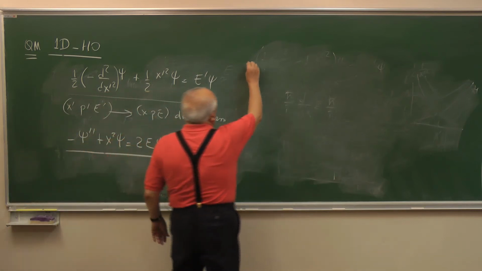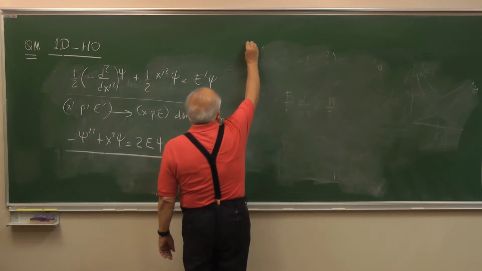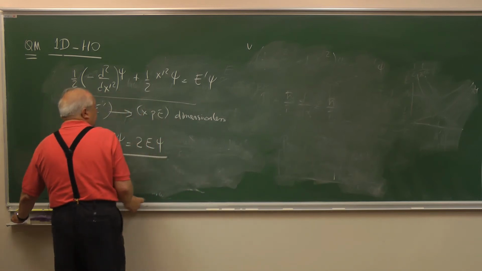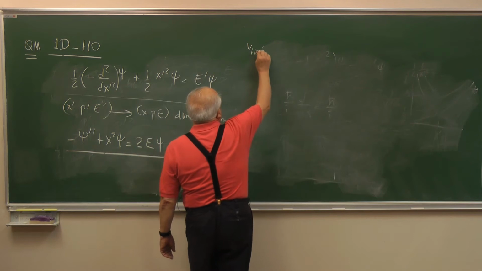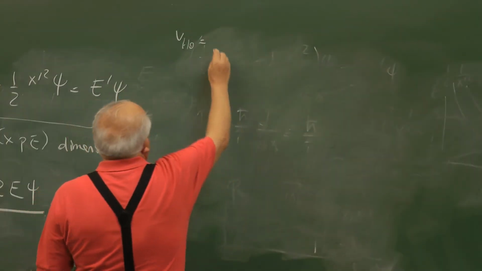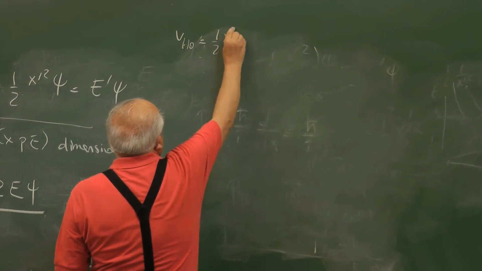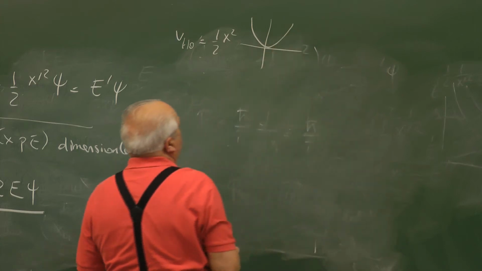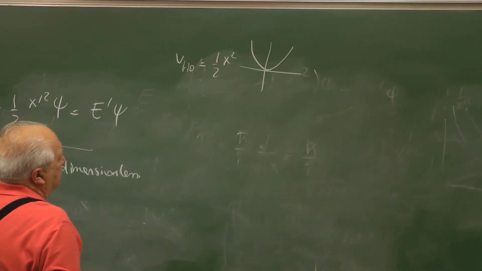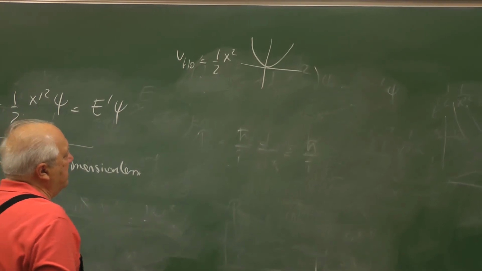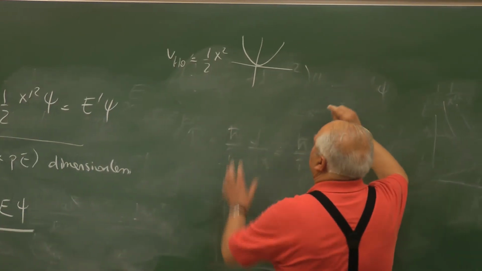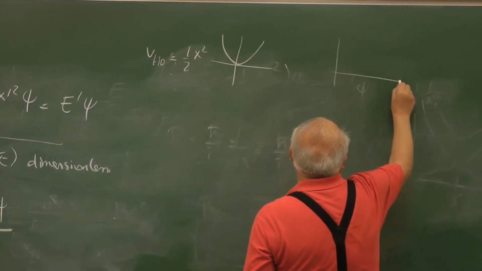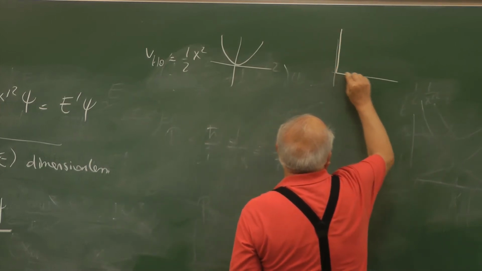V for the harmonic oscillator in this case is 1/2 x squared, so it's a potential like this. There is another problem that one can solve very easily, and it kind of looks like this one: the infinite square well. So here we have an infinite square well.